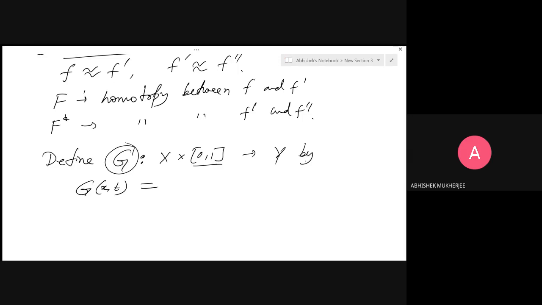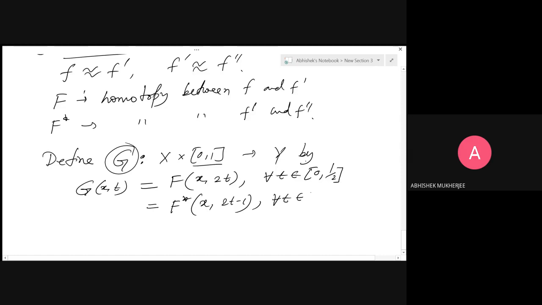So let me define. G(x,t) is F(x,2t) for all t belonging to [0, half], and it is F star of (x, 2t minus 1) for all t belonging to [half, 1].